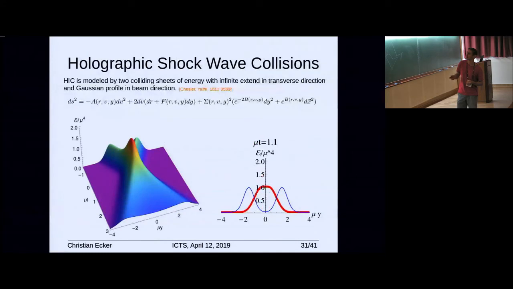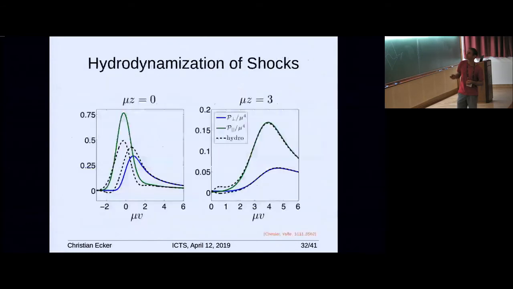So it's along this line here. And what you see is that here, for instance, the dashed lines are the hydro curves. The AdS/CFT results are already very much on top of the hydro result, although the anisotropy is still very large, and even better in the off-central case.